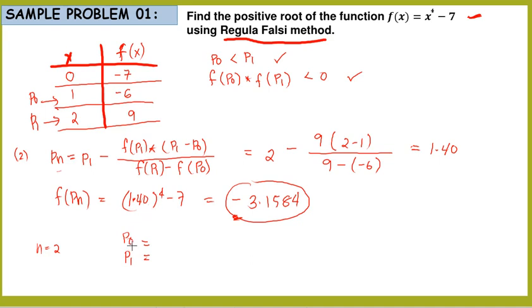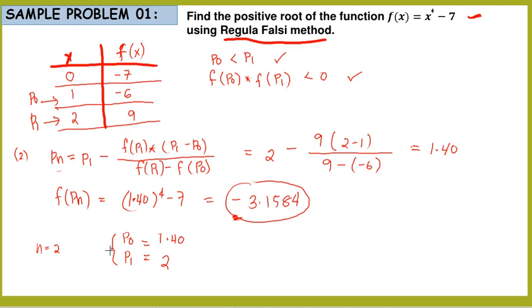So yung P0 natin sa next iteration natin is equal to 1.4. Yan yung ating Pn. And then yung P1 natin is still the same, which is 2. Okay? So ganyan. Ito na ngayon yung magiging P0 and P1 natin sa next iteration.